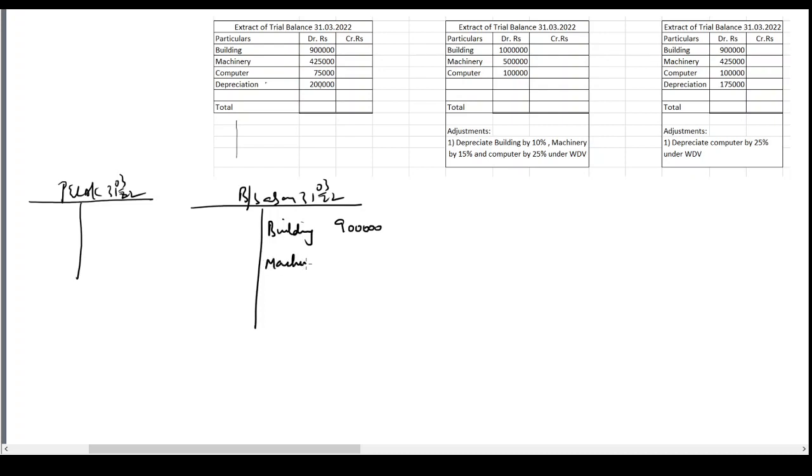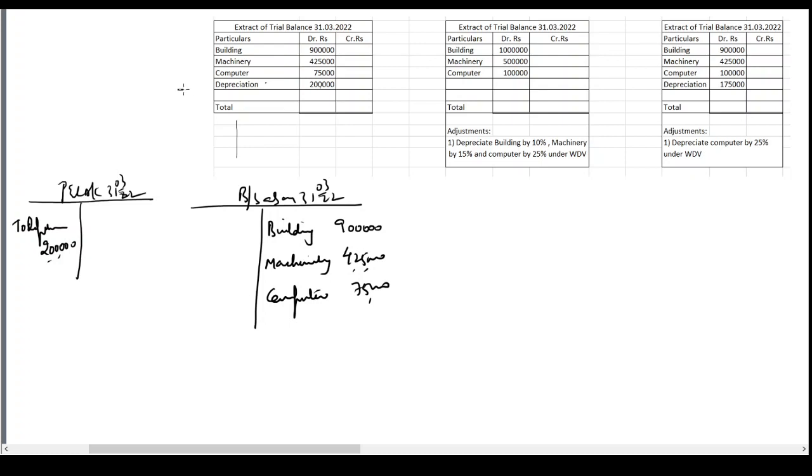Machinery, I'll show on the balance sheet asset side 4 lakh 25,000. Computer, I'll show on the balance sheet asset side 75,000. Depreciation 2 lakh, it is an expense, so I debit it to P&L account, depreciation 2 lakh rupees. So I have debited my P&L account.